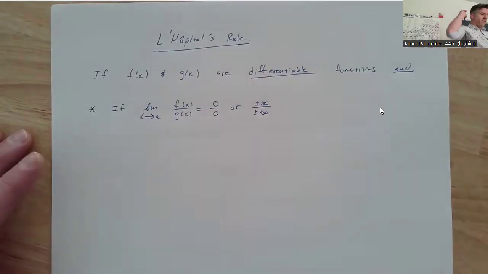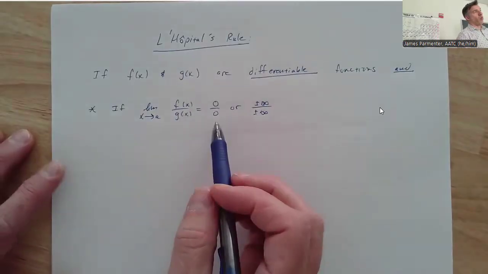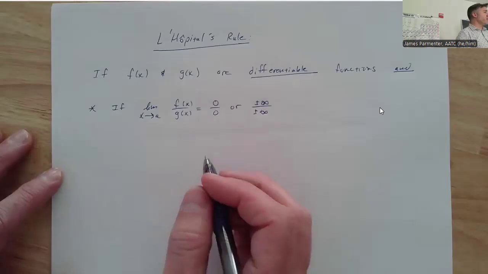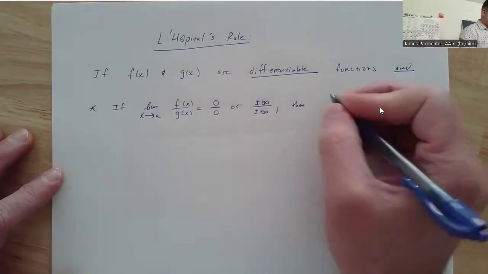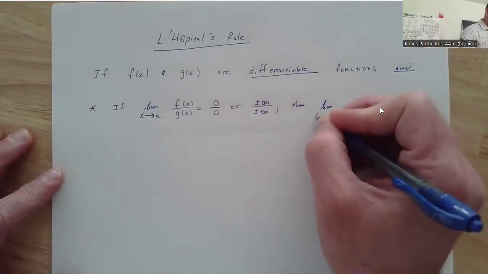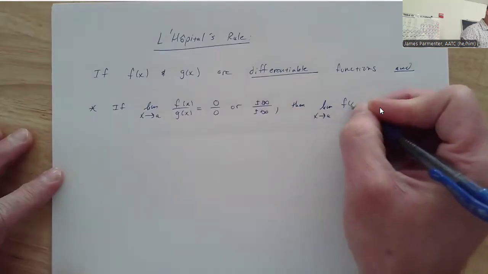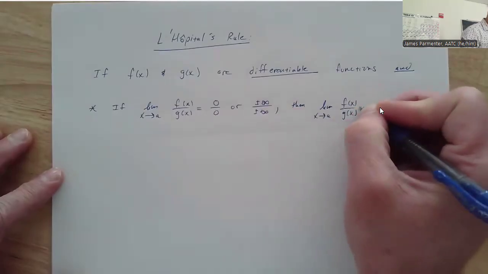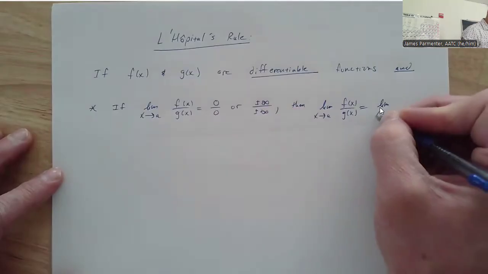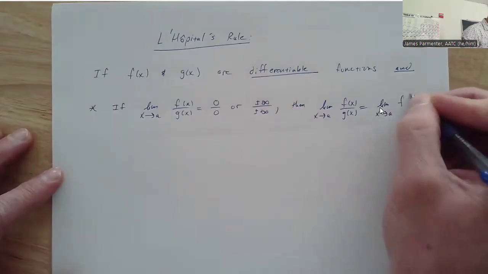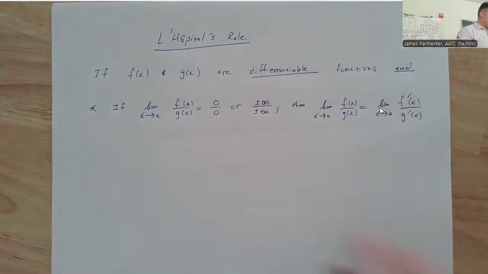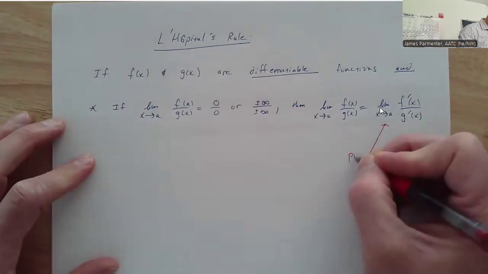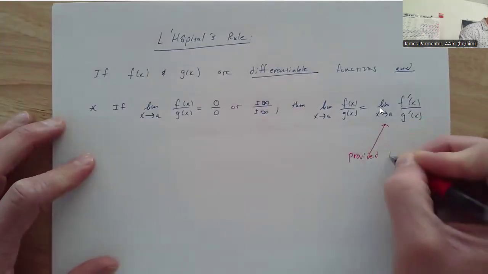So if your limit is one of these two types of indeterminate forms, then we can say that the limit as x approaches a of f of x over g of x is equal to the limit as x approaches a of f prime of x over g prime of x, with an asterisk, provided that this limit actually exists.